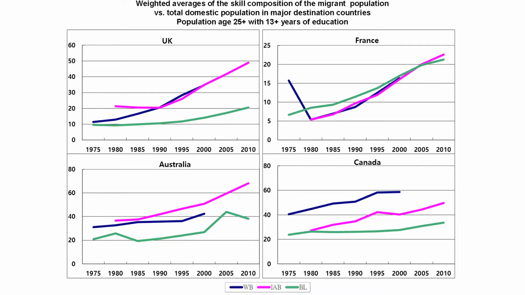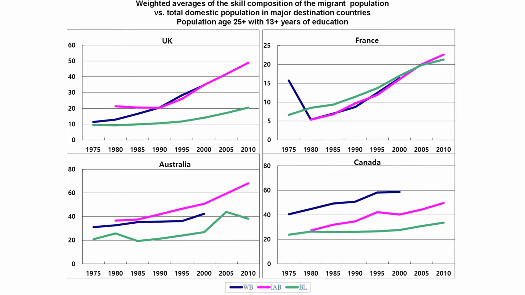This is one pattern that you see here, and I'm presenting here data from the UK, France, Australia, and Canada. The United States, of course, is also a major receiving country, as is Germany. We did not include Germany generally in the data because of the break between old Germany and new Germany after 1990s. But I'm going to also show different data for the US.